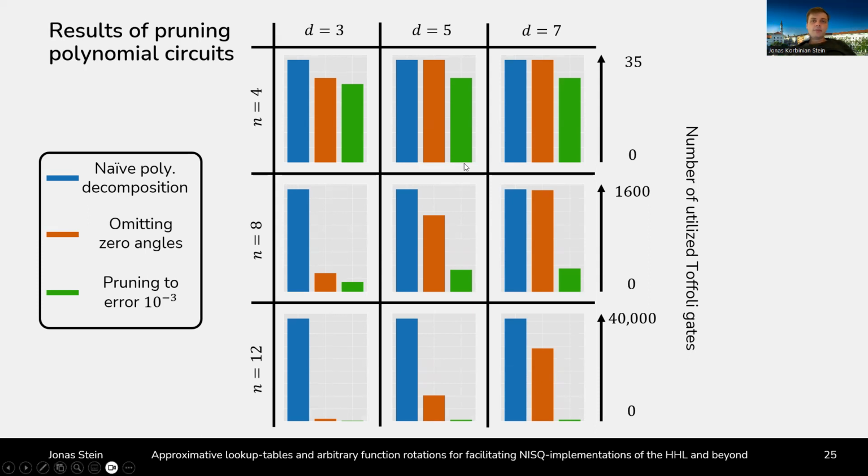And there you can see it's definitely a trade-off between the number of qubits involved and the approximation degree. If you have a lot of qubits and a high degree in that approximating polynomial, we can really prune a lot of values. So from originally up to 40,000 Toffoli gates, you get down to maybe a couple of hundred, a few thousand.